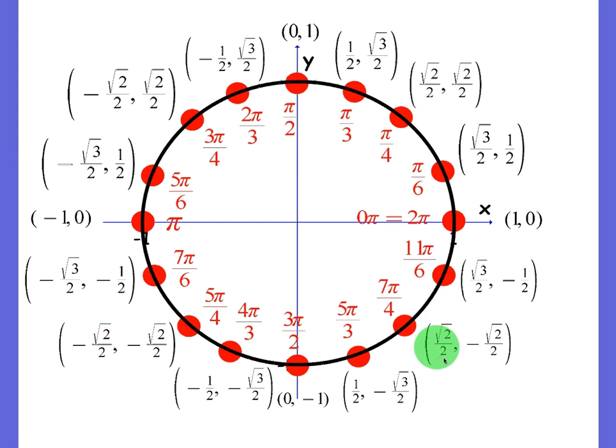If I subtract pi over 4, oh, I do get the same x value. Maybe it is even. However, we know that's not the case, and here's why. Let's start at 90. If I add pi over 4, my x value is negative square root of 2 over 2. If I subtract pi over 4, it's positive square root of 2 over 2. So secant of x plus pi over 4 does not always equal secant of x minus pi over 4.